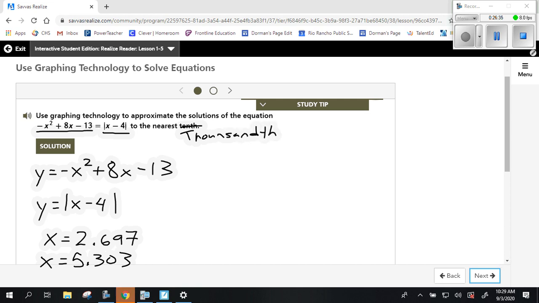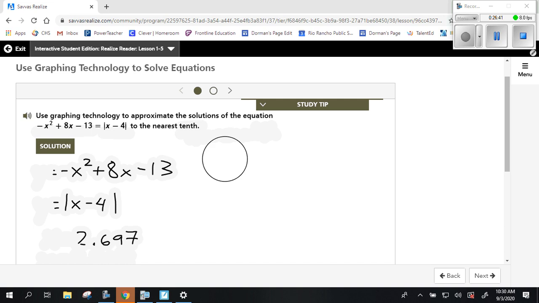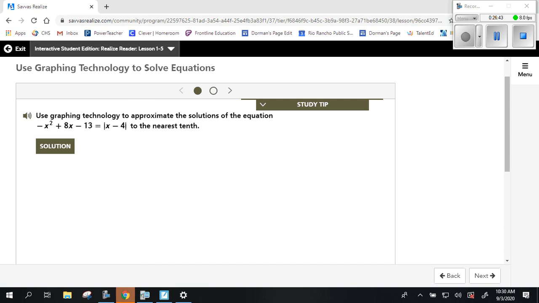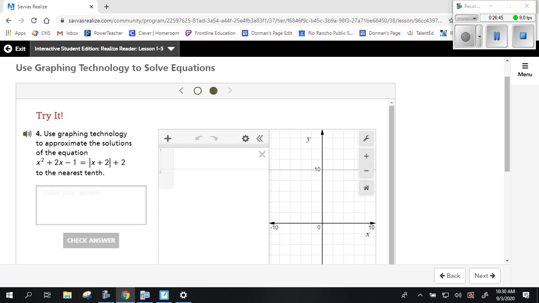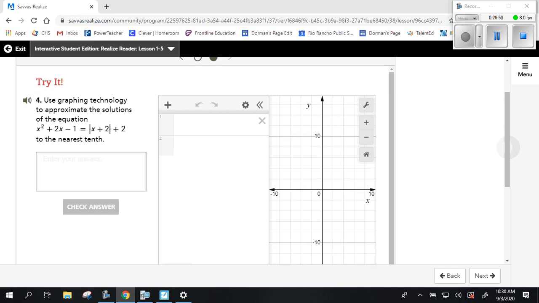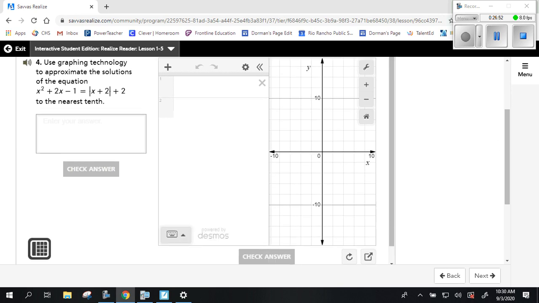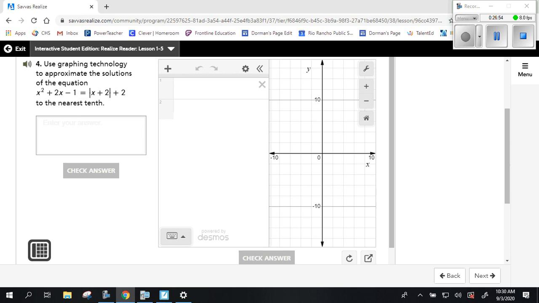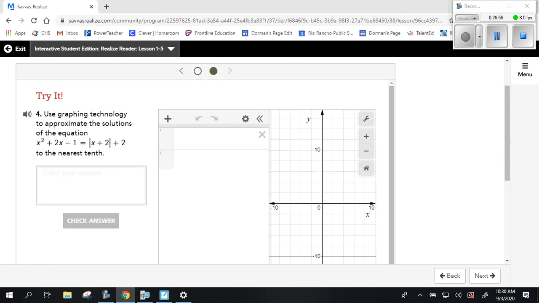All right, so there we have it. I am going to strongly encourage you to go ahead and give this a try. Go ahead and try to use your TI-84 calculator.